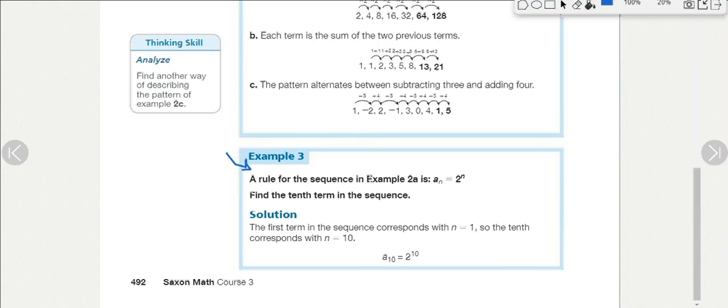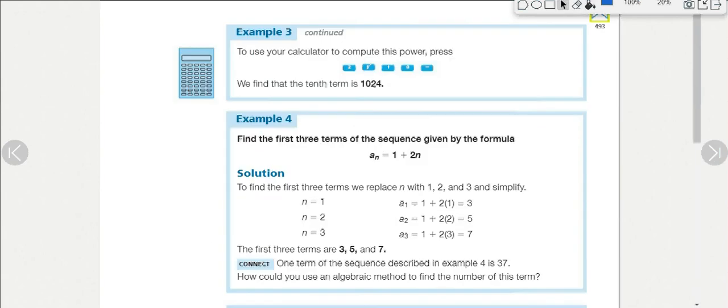Example 3. The formula is: the value of a is 2 to the power of its position number. Find the 10th term. 10th is 2 to the 10th. As it shows here, we just plugged in n as 10 in the formula they gave us.